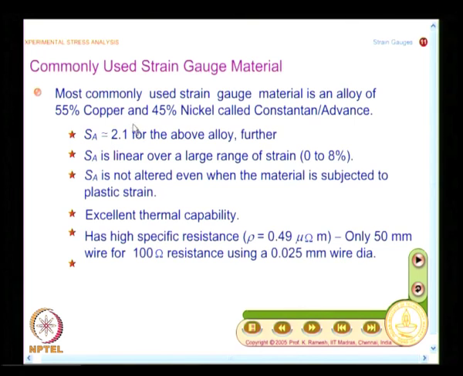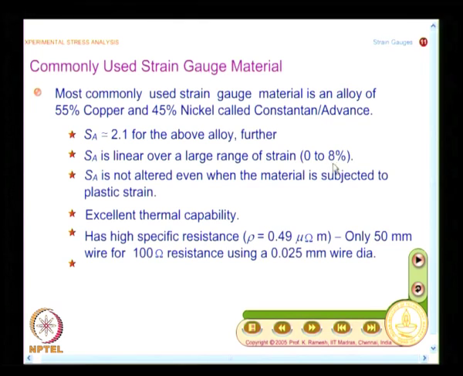It is about 2, and SA is linear from 0 to 8%, and we have already seen 0.2% is the value at which yielding takes place.